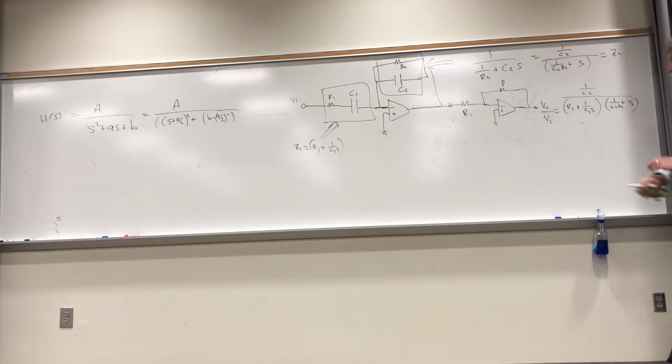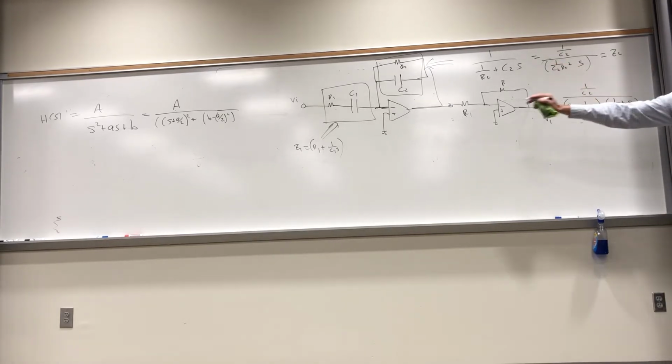Can everybody see what I've done here, class? I've simply divided that impedance by that impedance. I'm sorry I'm a little tight in the corner. Are you with me? Give me a show of hands here.